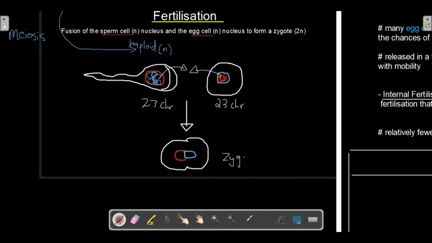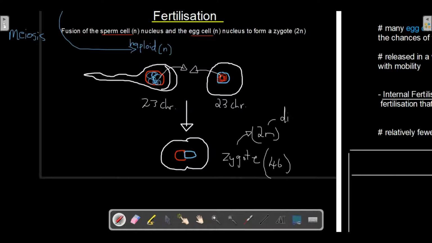The zygote forms as a result of the fusion of the nuclei between the sperm cell and the egg cell. Because you have 23 chromosomes from the egg cell and 23 chromosomes from the sperm cell, now you have a total of 46 chromosomes.